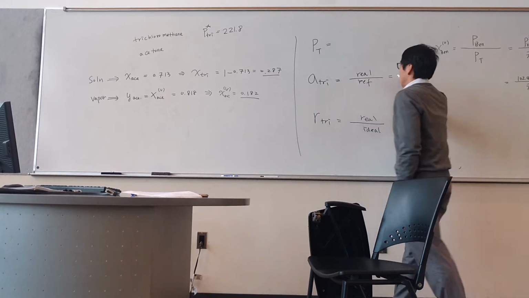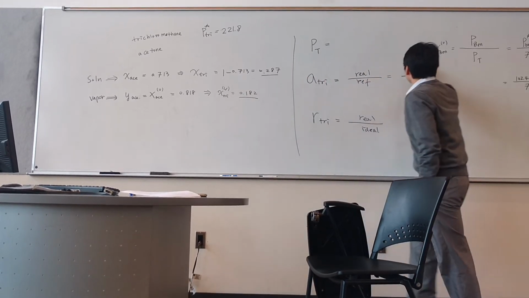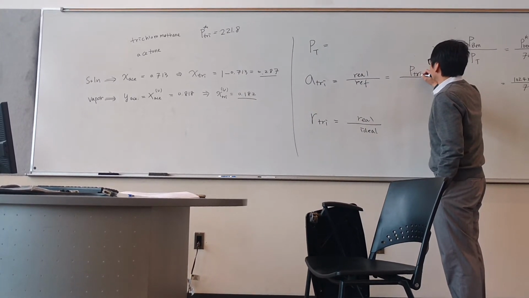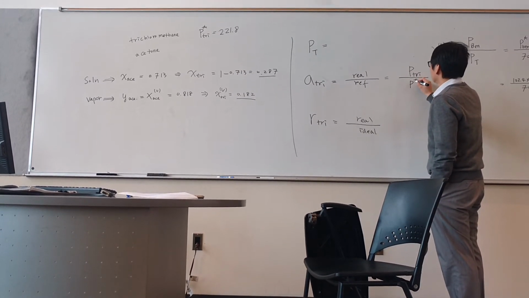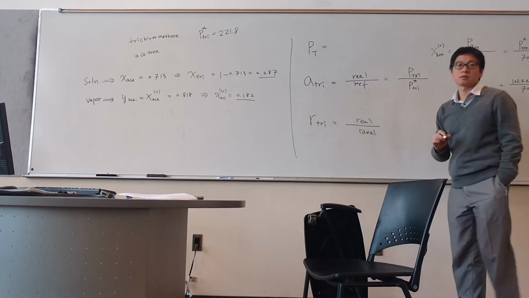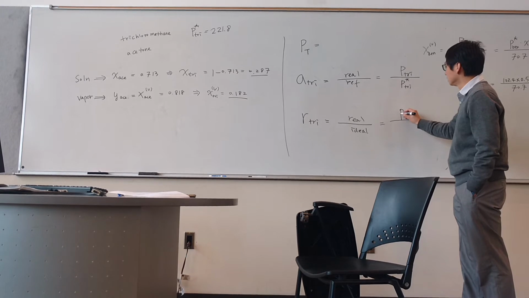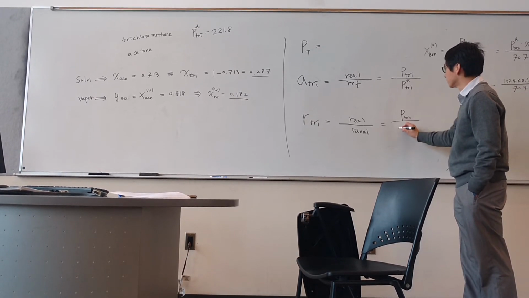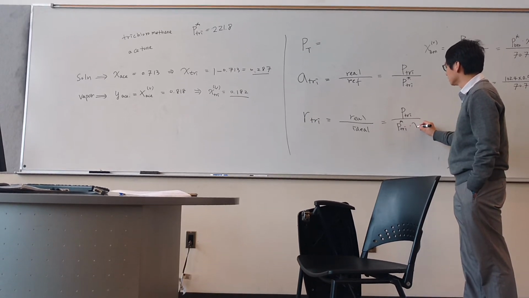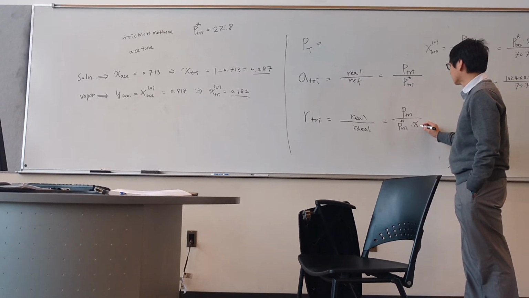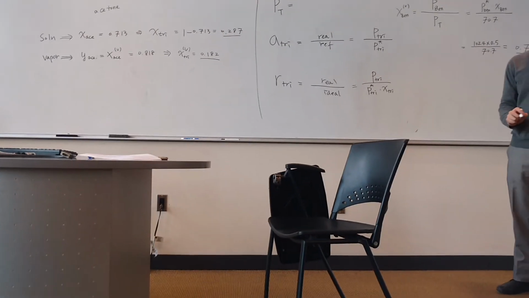So your activity is basically the real pressure of your trichloromethane, P real for your trichloromethane, over the bottom, which is P star of your trichloromethane times your X trichloromethane in the solution.